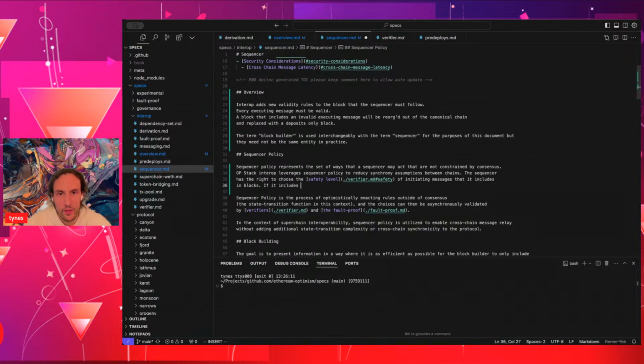If it includes unsafe messages, basically, the sequencer has this risk of contingent reorgs.